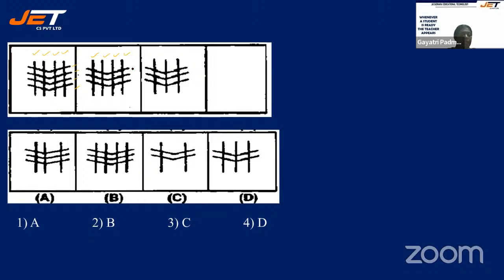But the straight line you have 1, 2, 3. Right. And the third one you have 1, 2, 3. But in the top one, it has been reduced to 3. So what could be the next possible answer? Is it option A? Is it option B? Is it option C? Or is it option D?